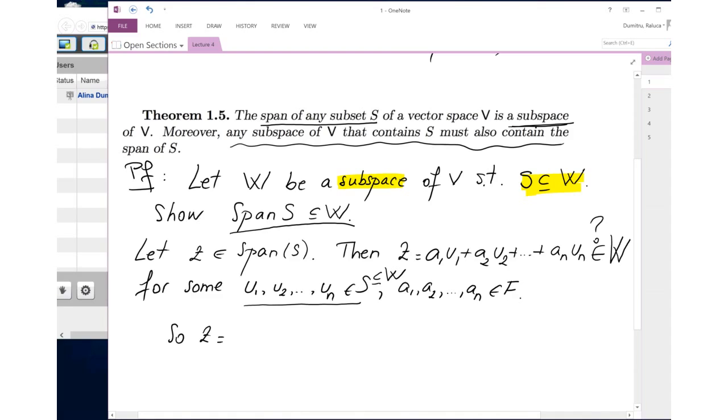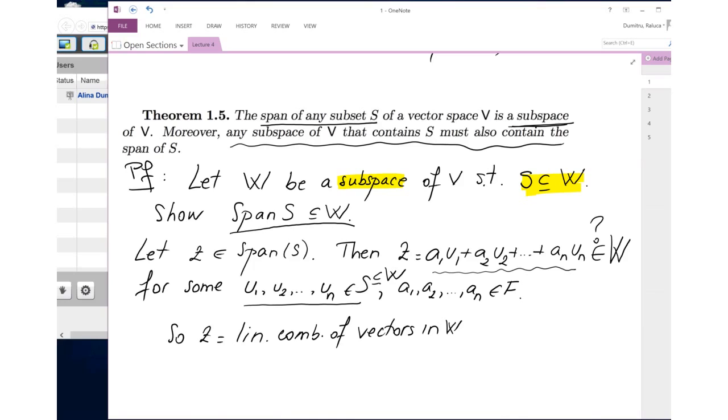So what is Z in the end? Written like this, it is going to be a linear combination of vectors in S, but I can see it as a linear combination of vectors in W, because every vector of S is also in W. All right, but we said that W is a subspace, right?